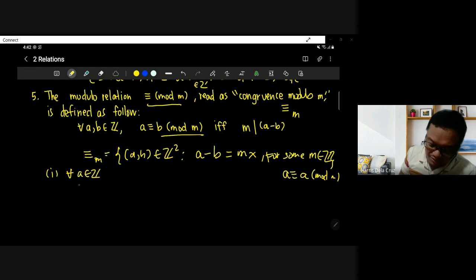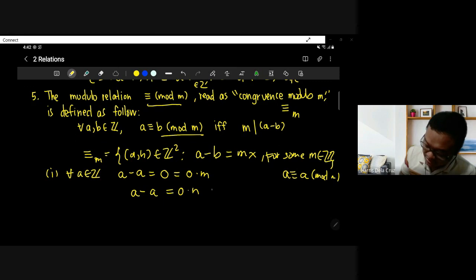Well, pagka meron kang integer A, ang ibig sabihin nun, di ba, ang A minus A ay equal sa 0. But because of the power of 0, ang 0 can be written as 0 times any number M. Ibig sabihin, nasulat natin siya as A minus A equals 0 times M.